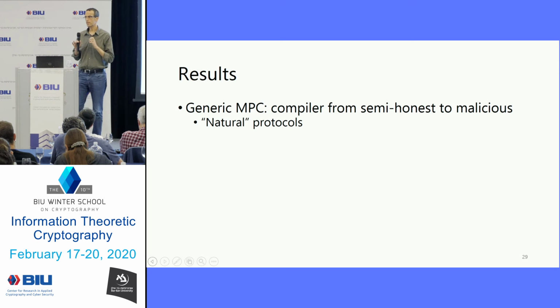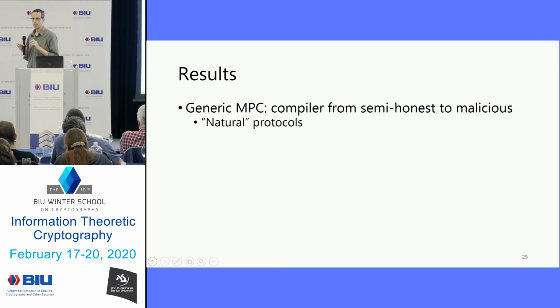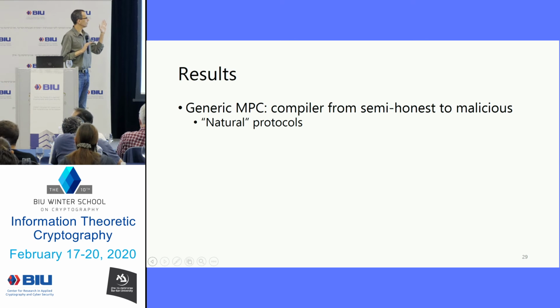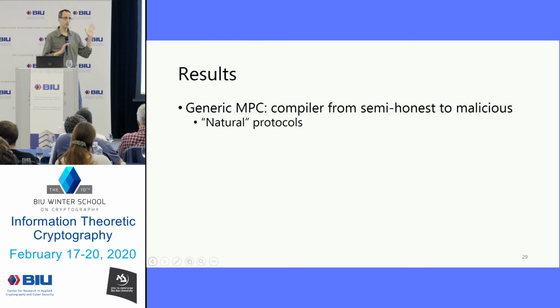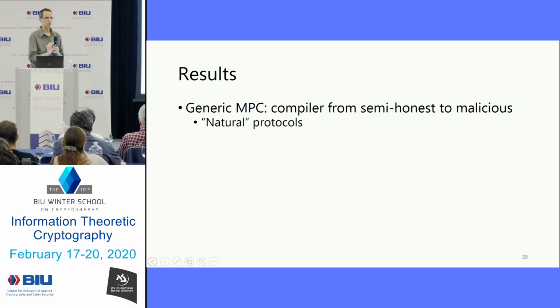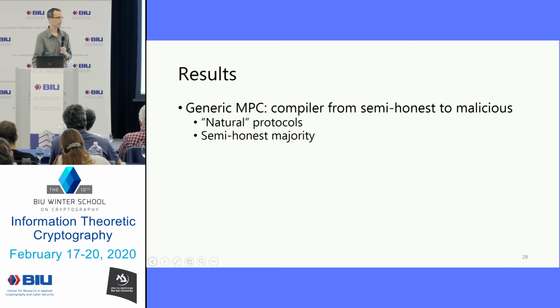A slightly more fitting name would be unnatural protocols. But they're natural in the sense that many protocols in the literature follow this idea. I'll give some pointers about them. This little caveat just means that there are some protocols, or we can think of some protocol, for which the compiler would not work.